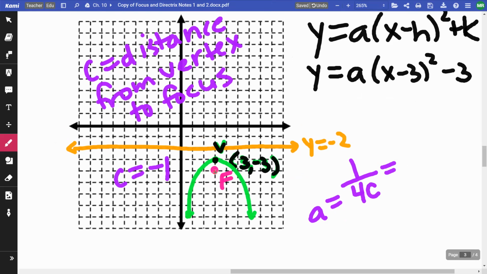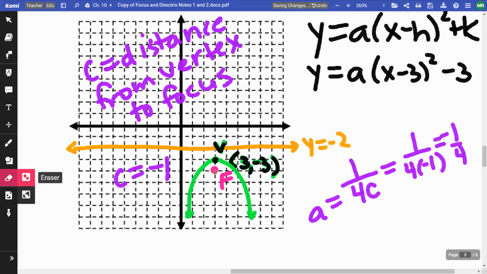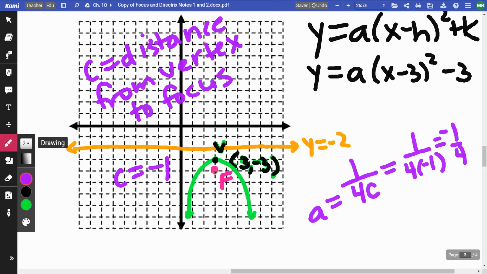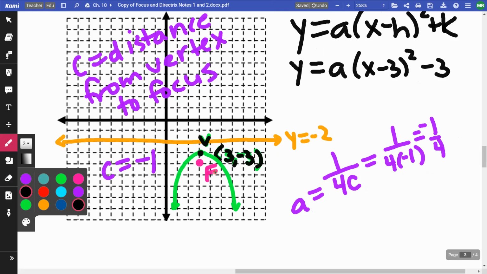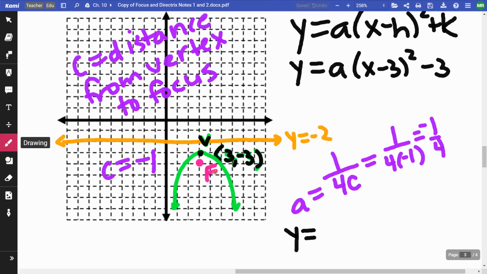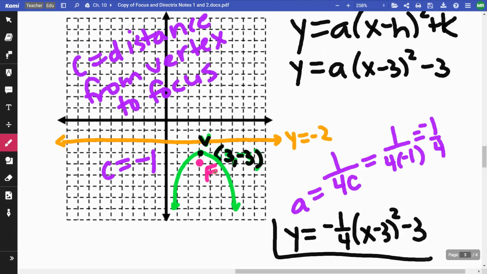Well, that means my a is going to be 1/4 times -1. So it's going to be a -1/4. So now I know my equation. My equation is going to be y equal -1/4 times the quantity x minus 3 squared minus 3. That is our equation. And this is what we're trying to find.